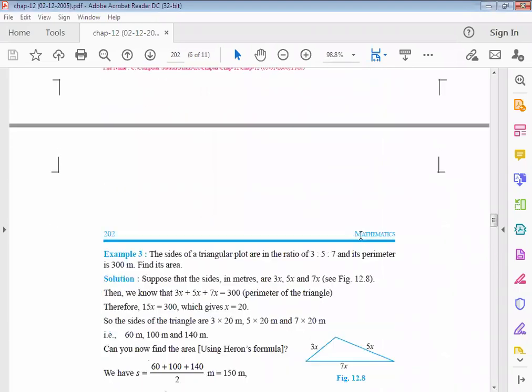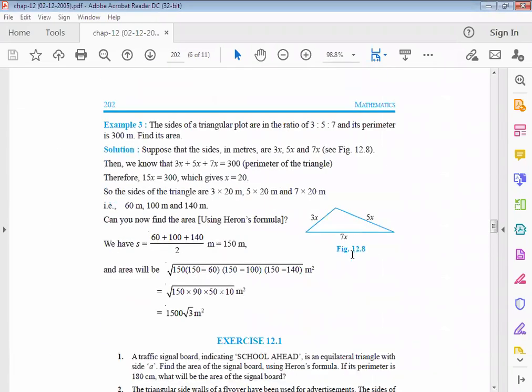Now in the last example, students, the sides are not given. The sides of the triangle are not given here. The ratio of sides is given and the perimeter is also given. So you know how we divide the quantity in ratio whenever the ratios are given.